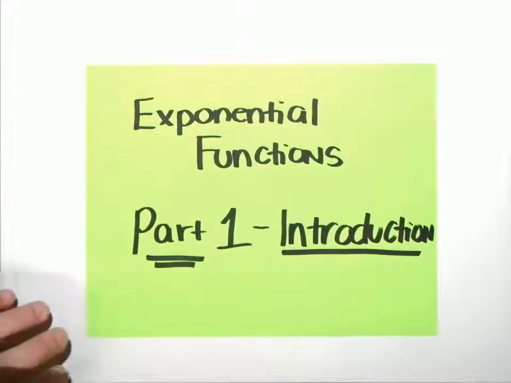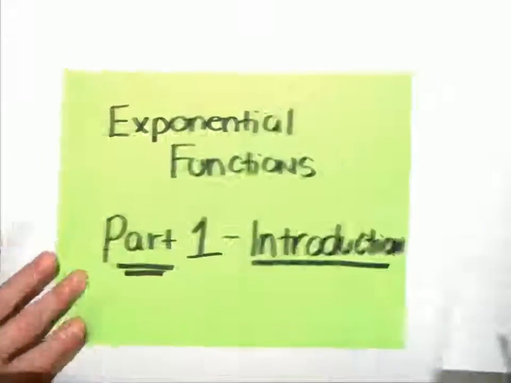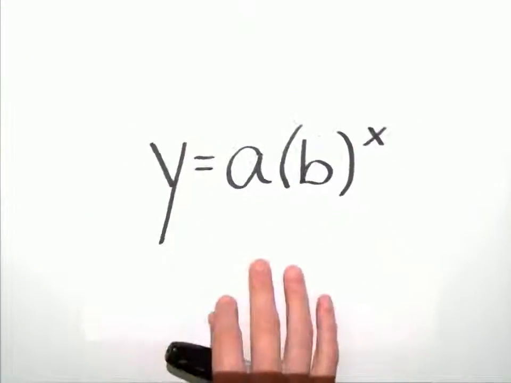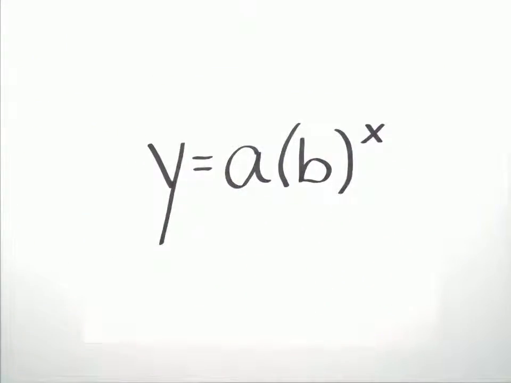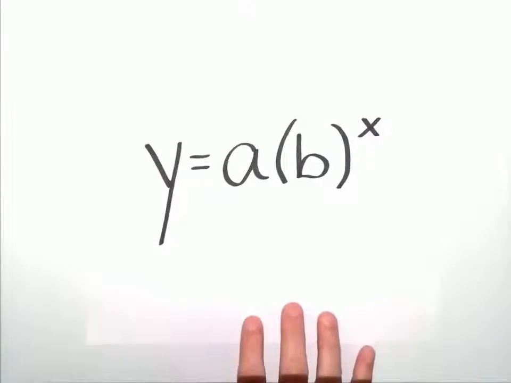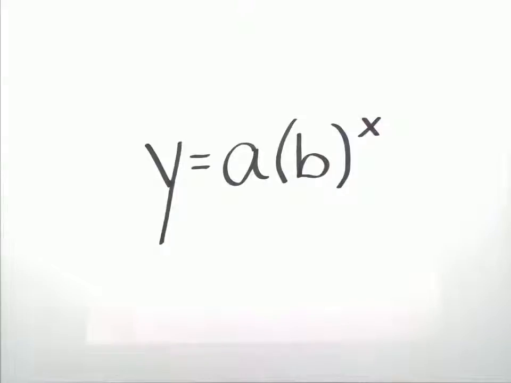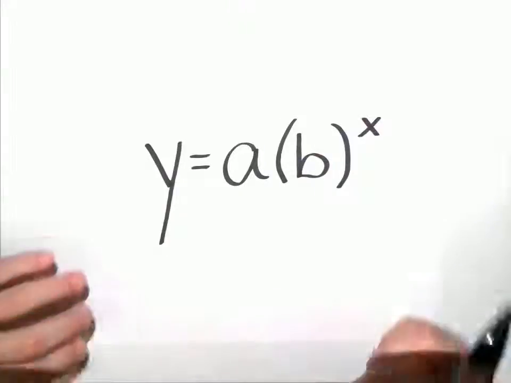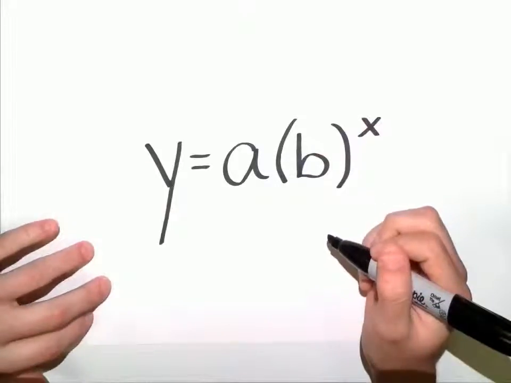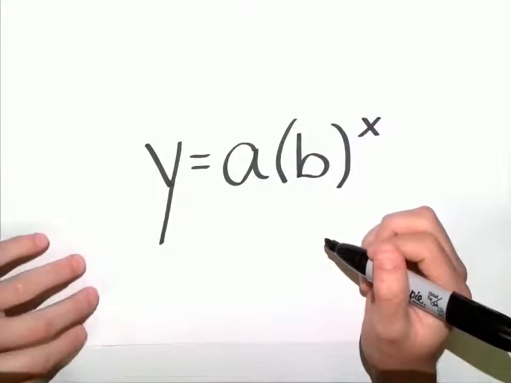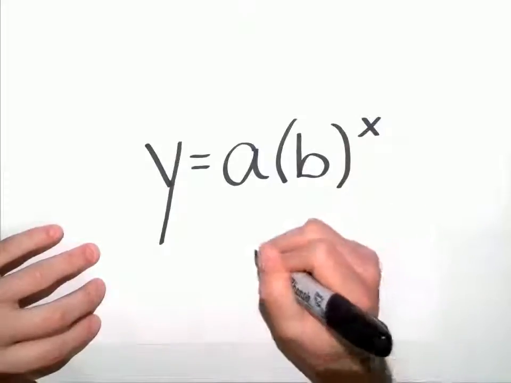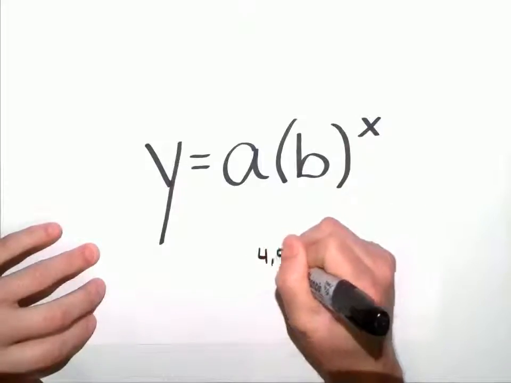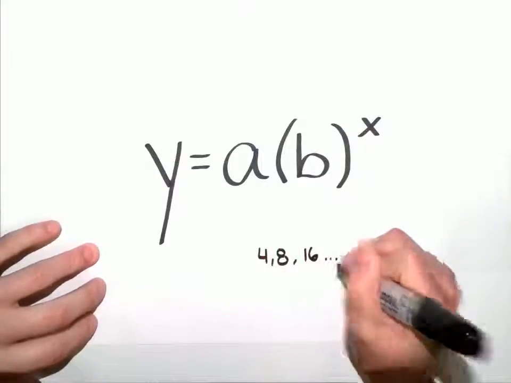So I'm going to start off by calling your attention to the equation y equals a times b to the x. And this equation, y equals a times b to the x, is the general form that we write exponential functions in. And yesterday, you started seeing some examples of that. When we were working on last night's Play Posit, we were looking at some sequences, something like 4, 8, 16.